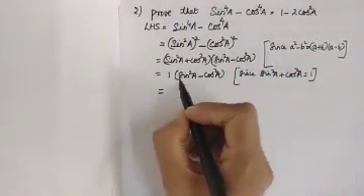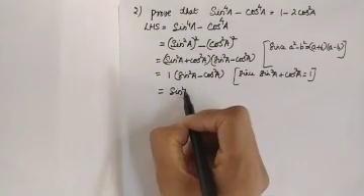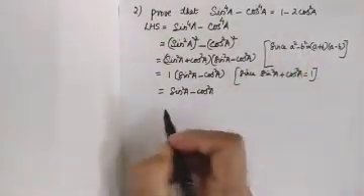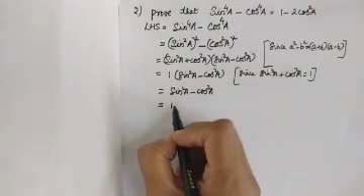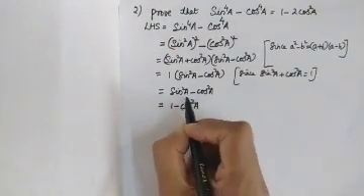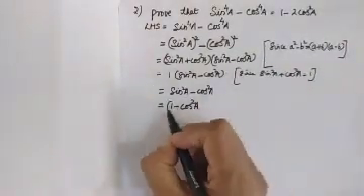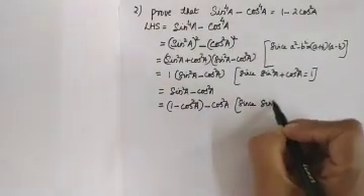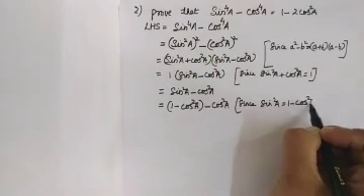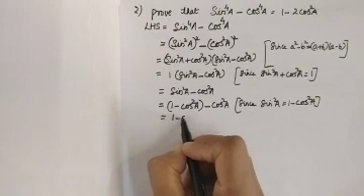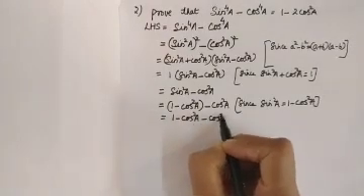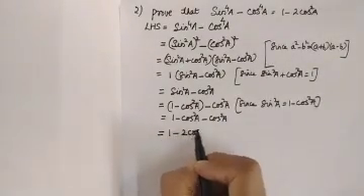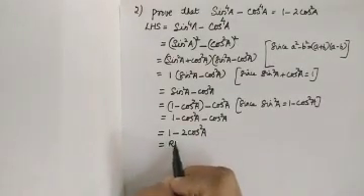So here first is 1 into anything is that one only you will write, that is sine squared A minus cos squared A. And the next is you want the right side in terms of cos squared A, so you will change the sine squared A as 1 minus cos squared A. You know that sine squared A is 1 minus cos squared A, then minus cos squared A. The reason is since sine squared A equal to 1 minus cos squared A. Now remove the bracket, so 1 minus cos squared A minus cos squared A is equal to 1 minus 2 cos squared A, and that is the right hand side.